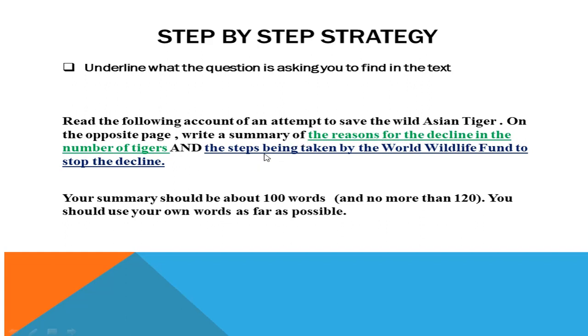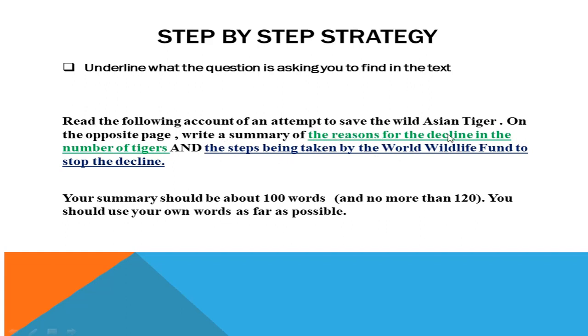And another one, the steps being taken by the World Wildlife Fund to stop the decline. What are the steps, the necessary remedial action, taken by this worldwide association for the conservation of the Asian tiger, which is endangered and in threat of extinction. So these two points you can note down.